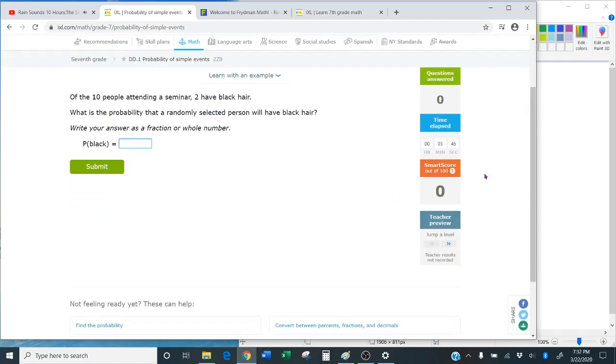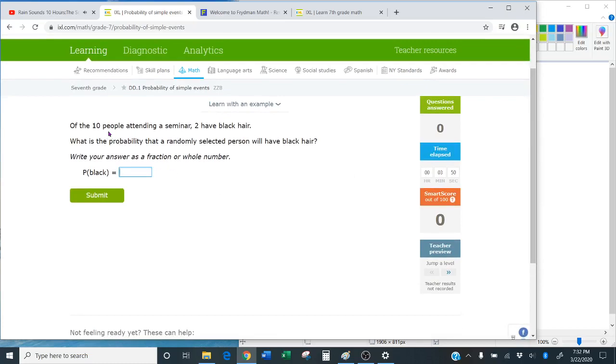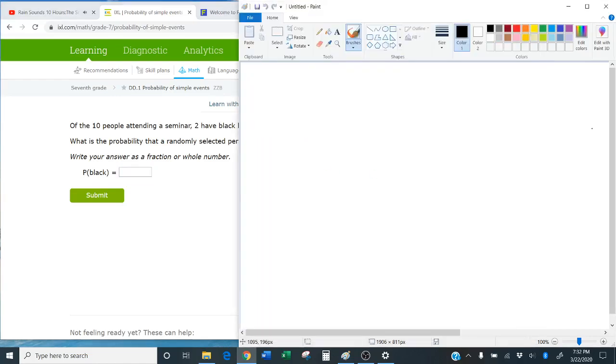Okay, so here's my first question from 7th grade DD1. Of the 10 people attending a seminar, 2 have black hair. What is the probability that a randomly selected person will have black hair? Okay, so let's see if we understand what the question is really talking about here. Let's say that we have 10 people.